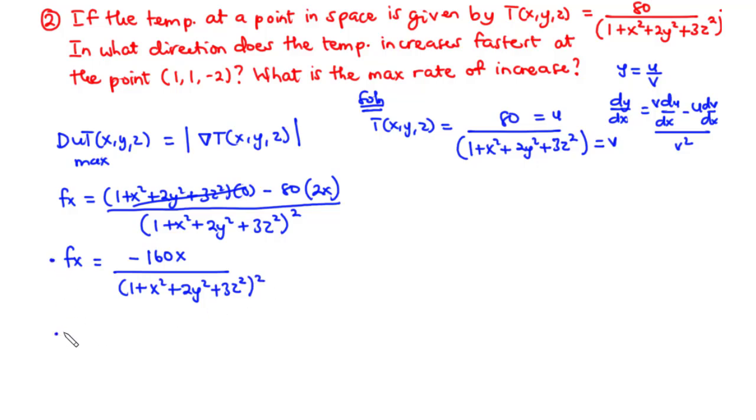So for the next one, that is fy, we don't need to go through the whole of this process. We know that whenever you differentiate 80, we are going to get a 0. So first of all we are going to have this negative here, because looking at the original formula we have a negative here. So negative, and then we have our 80 here, and we differentiate the denominator this time with respect to y.